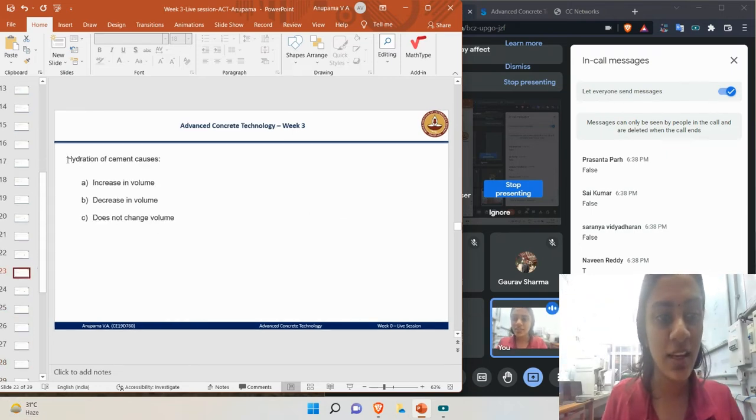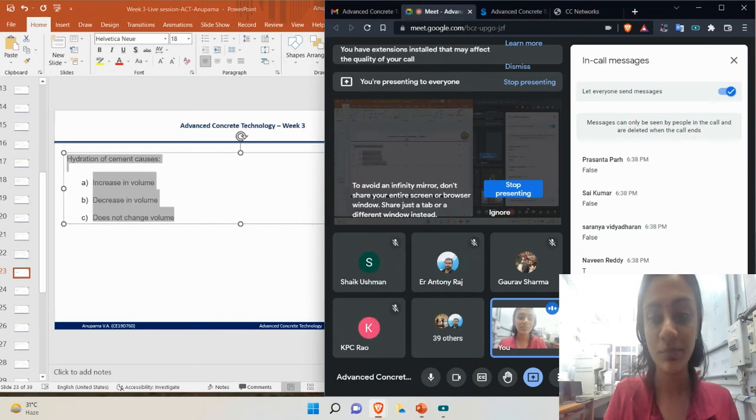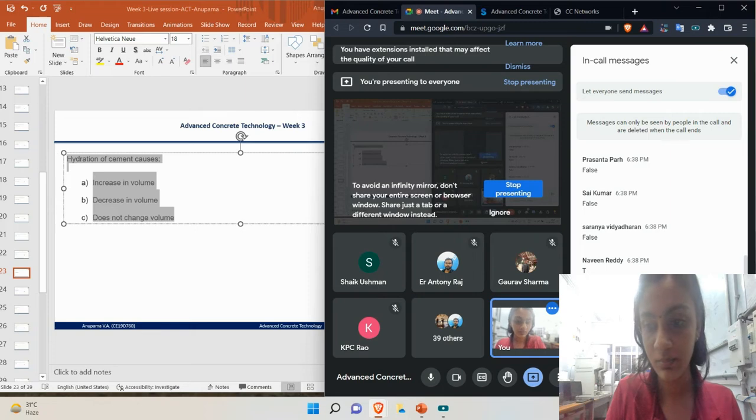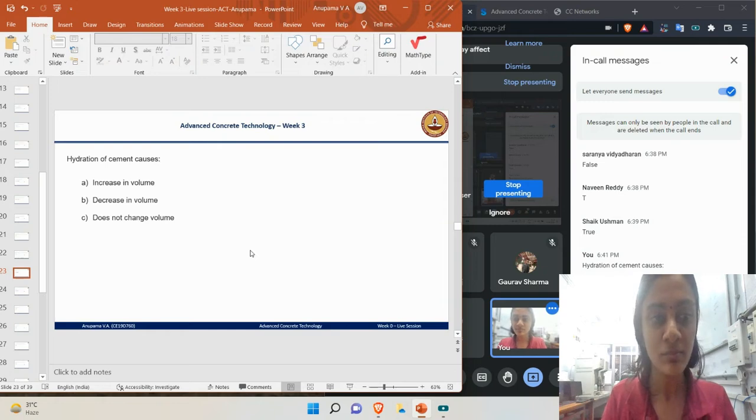This is a very easy one. Hydration of cement causes an increase in volume, a decrease in volume, or does not change the volume. This is a pretty basic question. You have all the raw materials, you mix everything, and the cement hydrates.